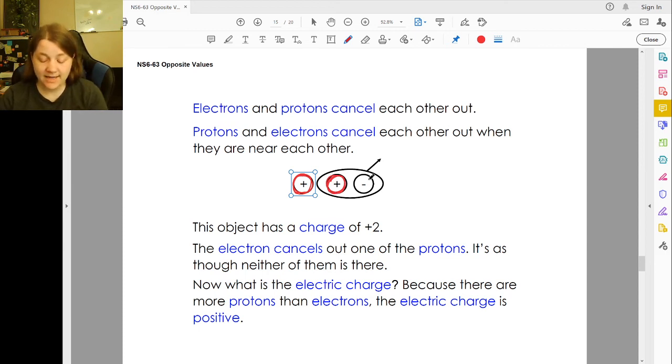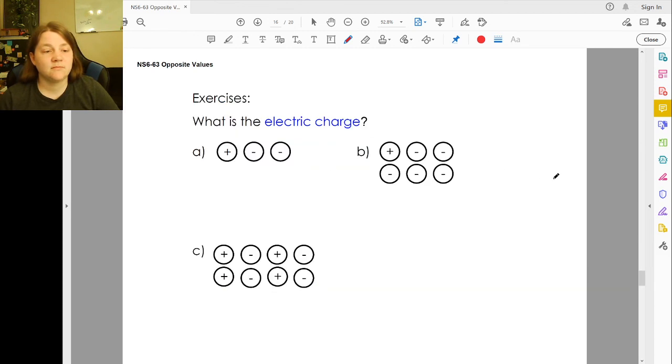If we add a negative into there, these remove each other, and now the charge is just +1, because the negative and the positive make each other obsolete.